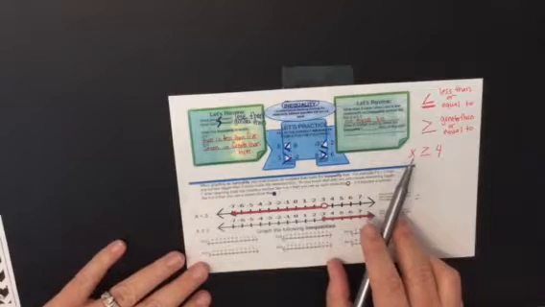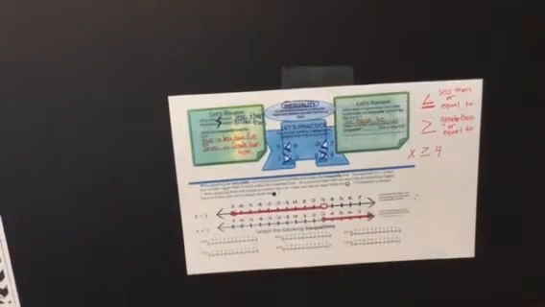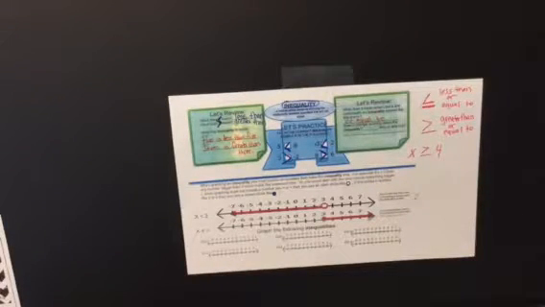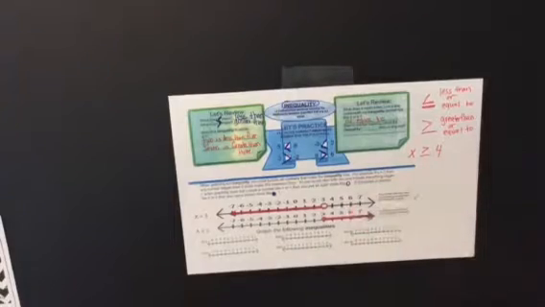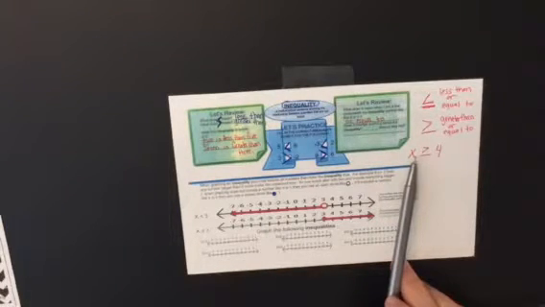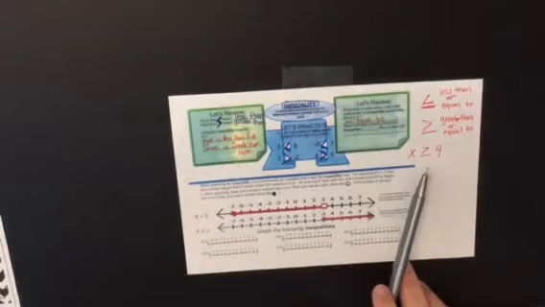So that means x could be 4, it could be 5, it could be 6, 7, 8, 9, 10, 11, 12, and so forth. Because all of those numbers are greater than 4, and we also included 4, right? Yes? Does it only work with variables, or can you use it with other numbers? Because you said that it could be any number you needed. It kind of seems like you need only that number.